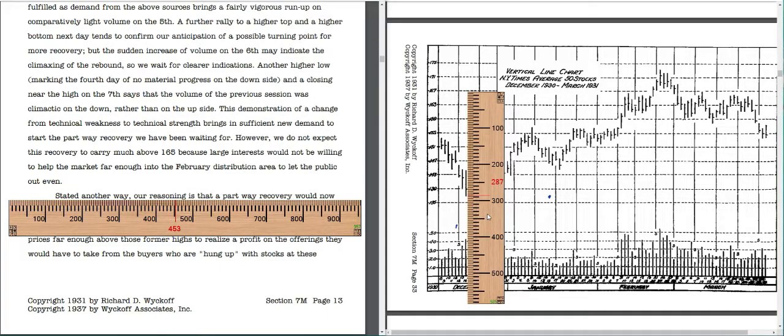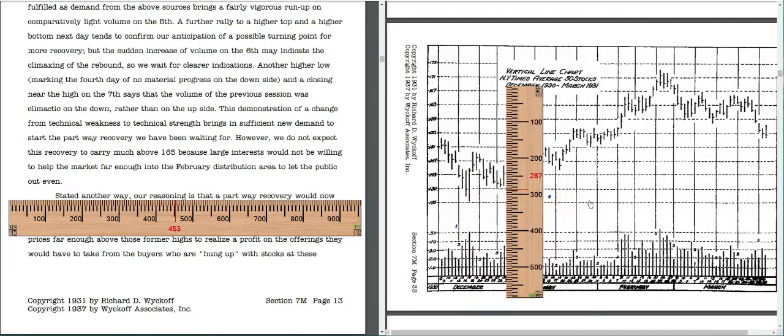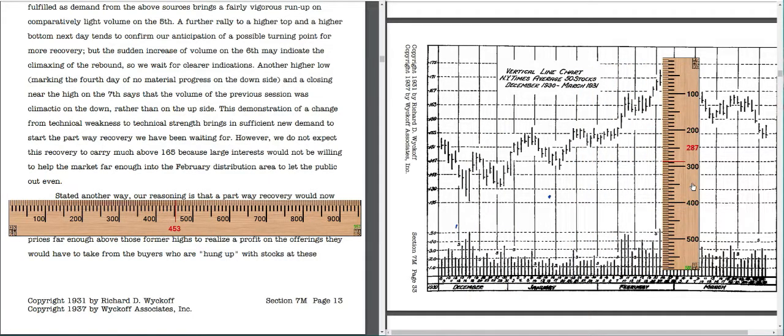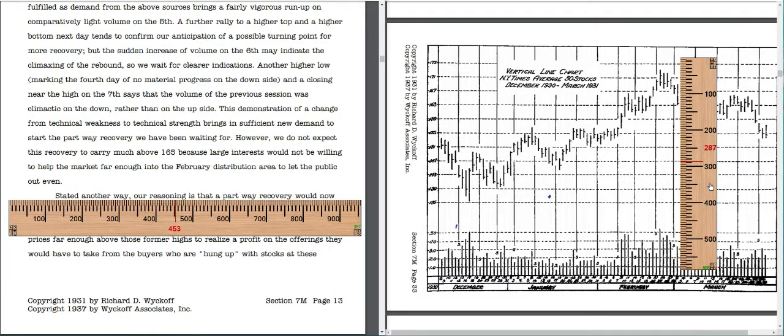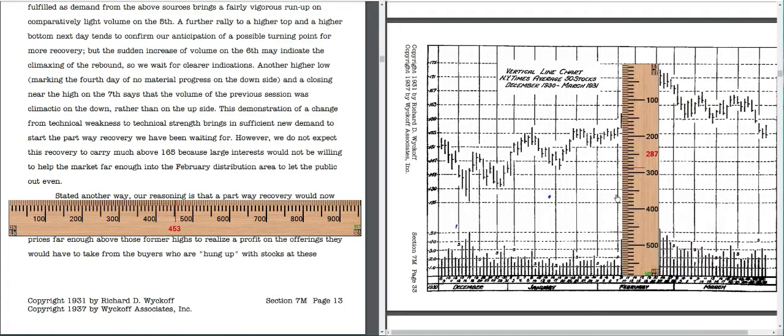You hear, oh, climax, secondary test, etc. But what you hear Wyckoff say is it was a climax, a change of behavior, and the bar that breaks the trend's back. It was those 3 pieces of data, those 3 behaviors together that break the trend.